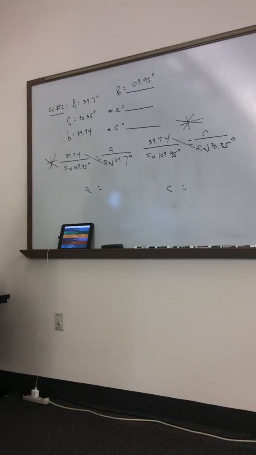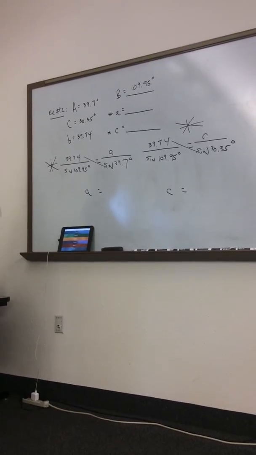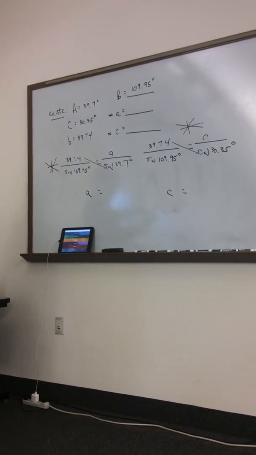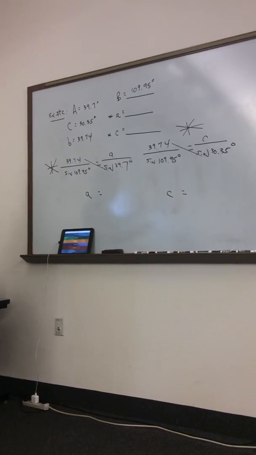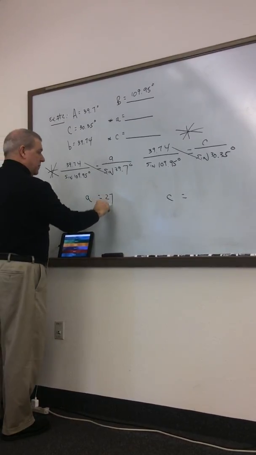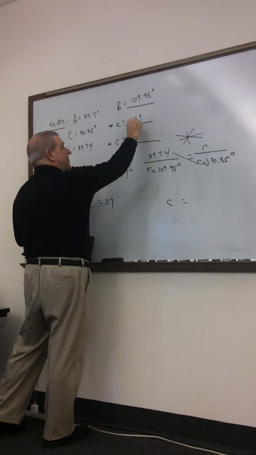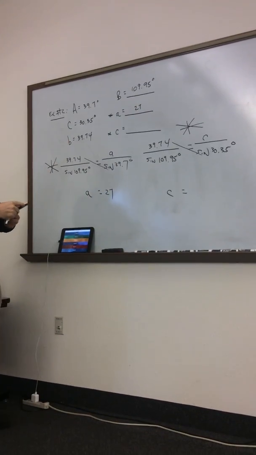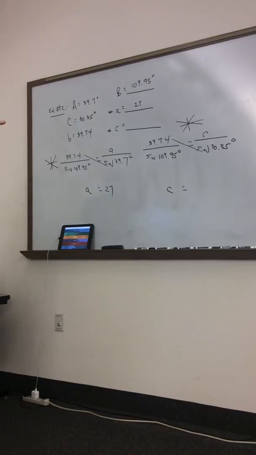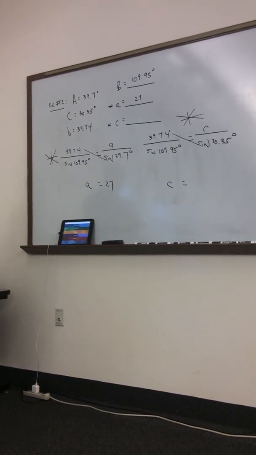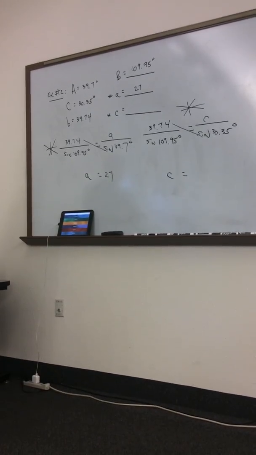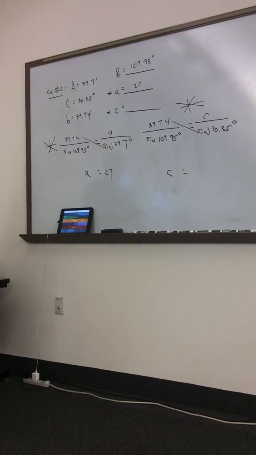What'd you get? Rob? 27. Even. It was 27.00 something. Well, that came out even. How about the other one? Okay, hold on one second here.